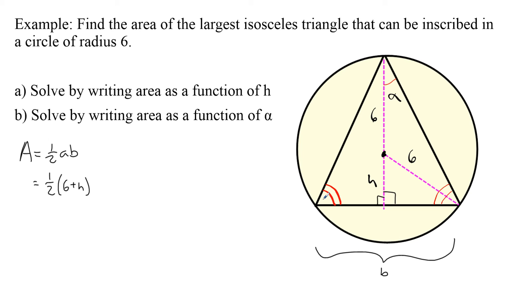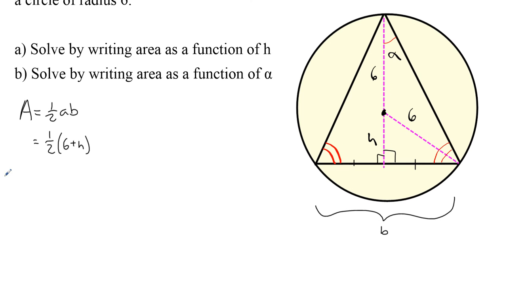Now, the good news is that since it's an isosceles triangle, these two triangles right here are congruent. We have side, angle, angle congruency, and that's allowed. So we can say that these two base sides have to be equal, and if we can figure out what one of them is, we'll just multiply by 2.